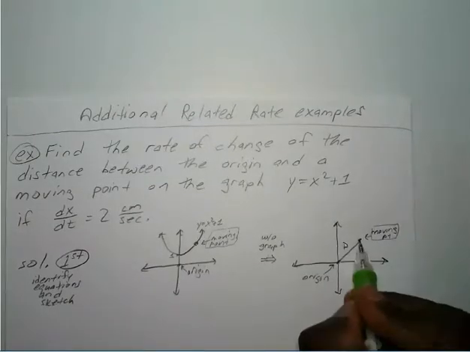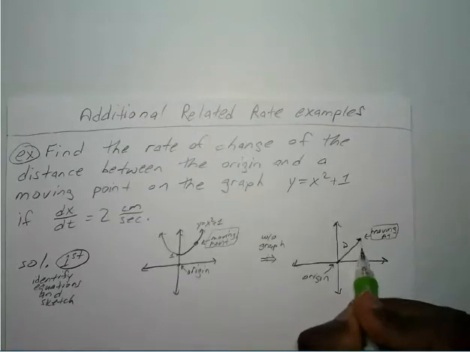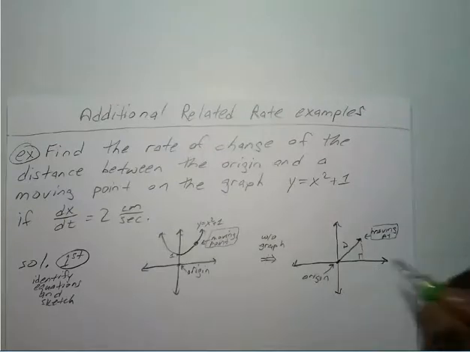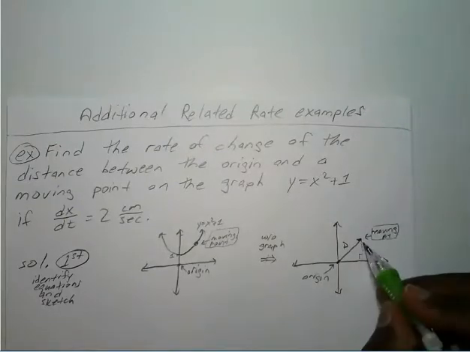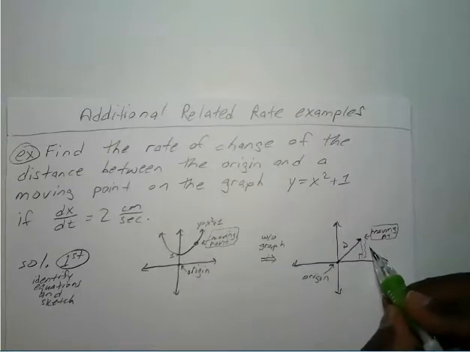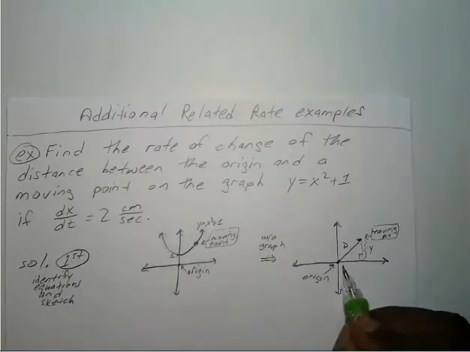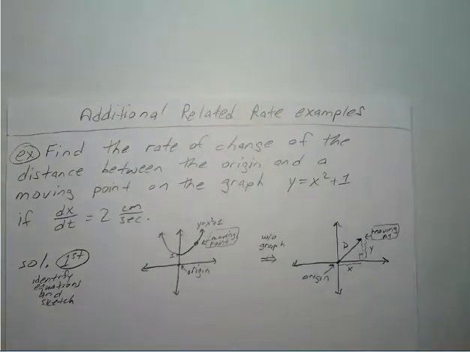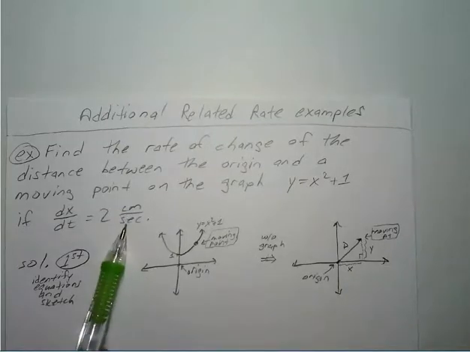At that moving point, you draw an imaginary line straight down. Of course, it's going to be a right angle. This distance is your y, and this distance to that point is your x. What we know is that we're looking for the rate of change of that distance if your x is changing at a rate of 2 centimeters per second.